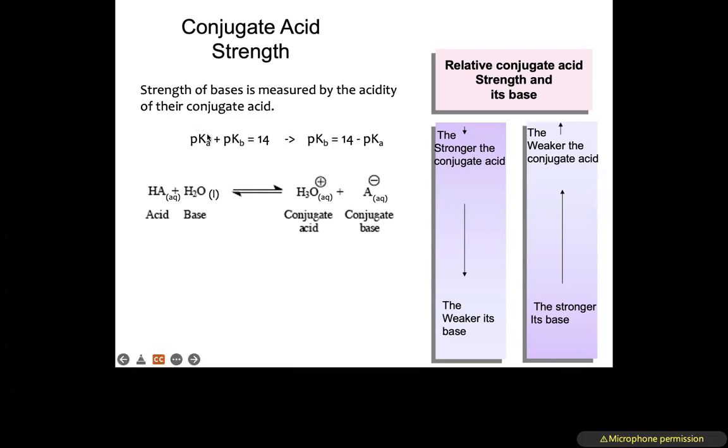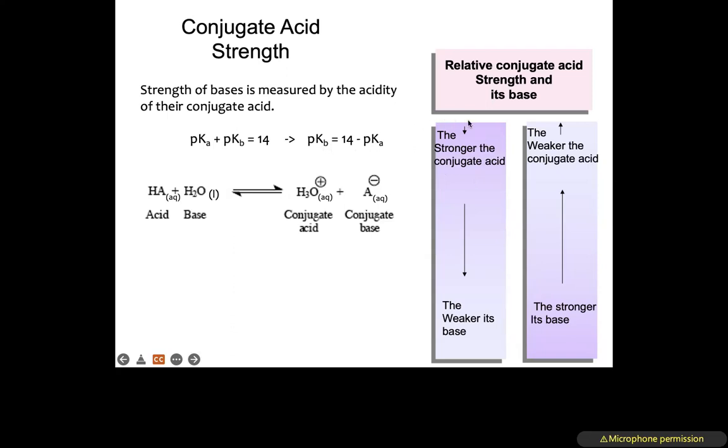If we consider the first one as the pKa of the conjugate acid and the pKb of its base, you see that they are related to each other. One should be the subtraction of the other one from 14.